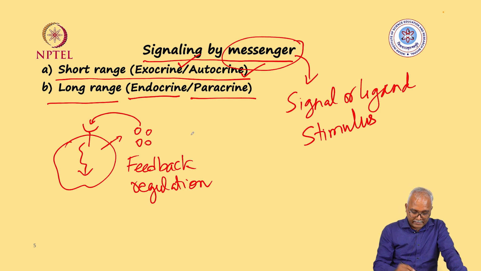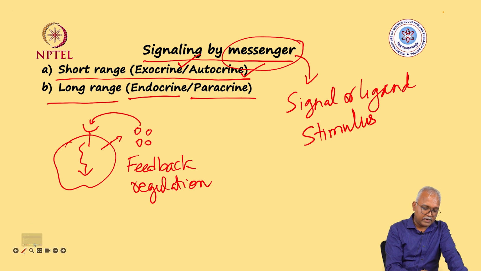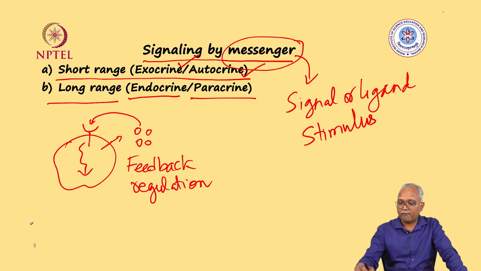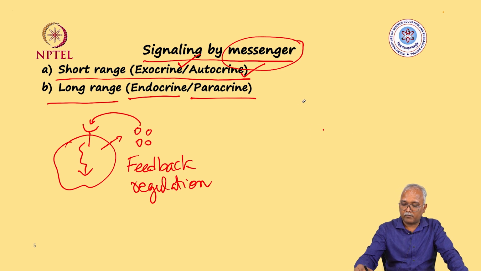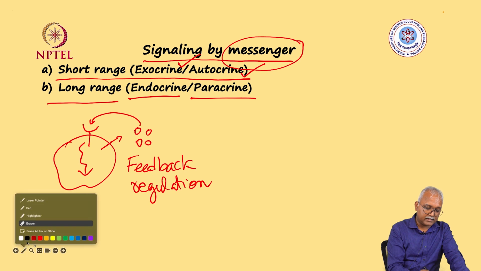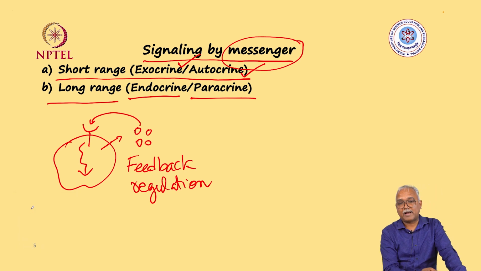But in case of the endocrine signaling, I am sure everybody in this class is aware of the endocrine system. Most of the hormones which are produced in our body are from the glands which are called endocrine glands, which means that the secretion produced by these cells travels through the blood circulation.